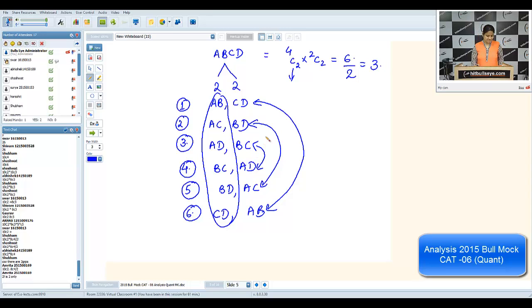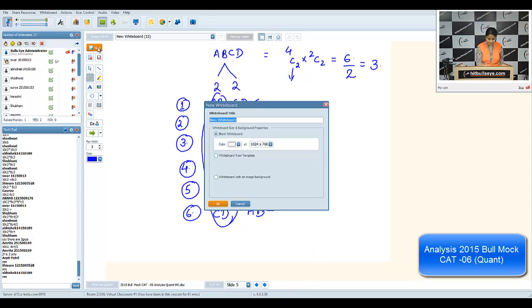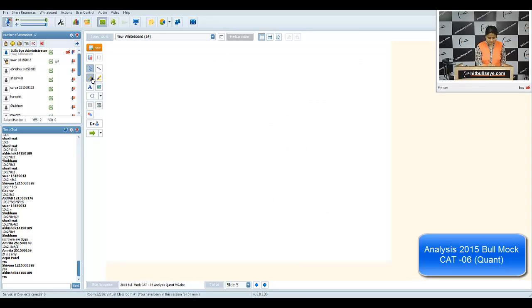You got this concept? All of you? Now coming back to the question. What was the question? So I'm summarizing this. You know the concept now. I'm writing only the solution. It will be 10 factorial by 6 factorial, 4 factorial.